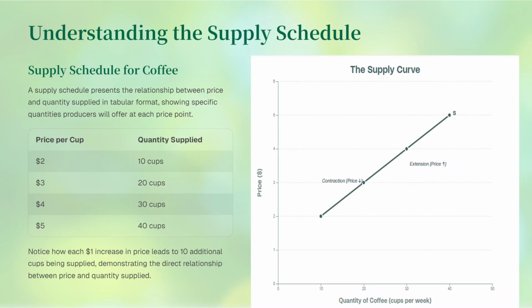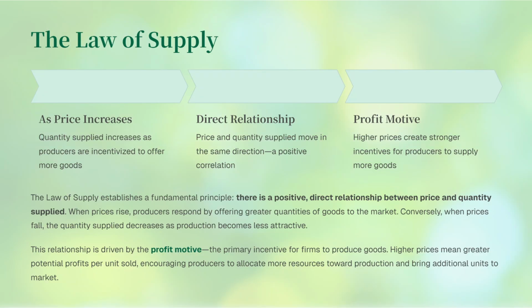Conversely, when prices fall, the quantity supplied decreases as production becomes less attractive. This relationship is driven by the profit motive, the primary incentive for firms to produce goods. Higher prices mean greater potential profits per unit sold, encouraging producers to allocate more resources toward production and bring additional units to market.